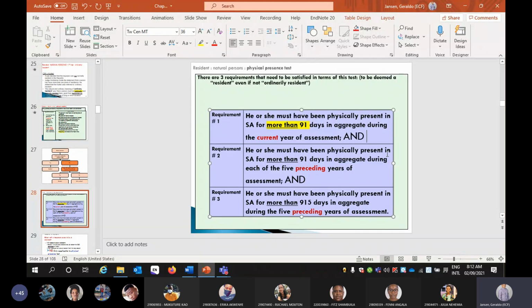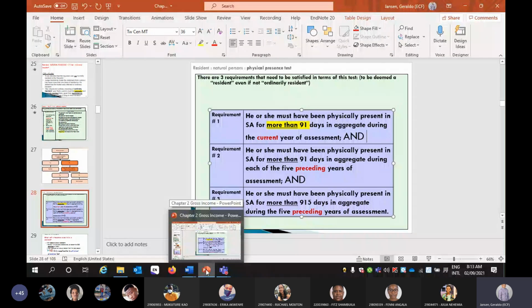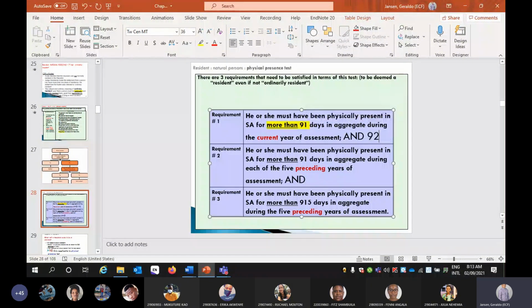But the options I gave you were, I think, for over 65. I can't recall the question, but I know the answer was none of the above, because the answer was not included in those options. It's because of these things, where more than 91 days actually means it should be 92 then.